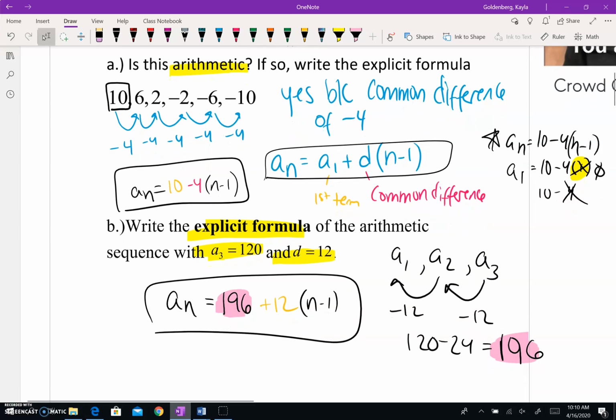Part B, we were assuming it was arithmetic, and I gave you a couple of clues. The common difference, you can plug it in, and from there, the only thing you're missing in your general explicit formula is what your first term is.